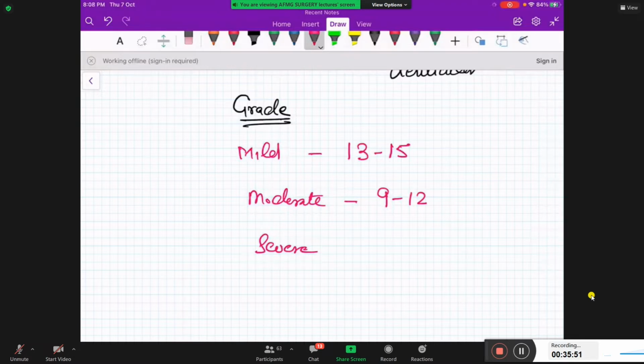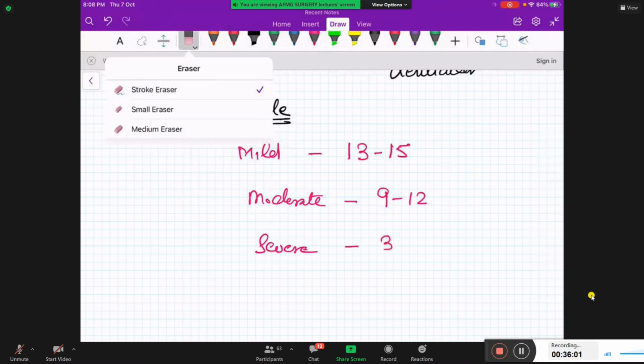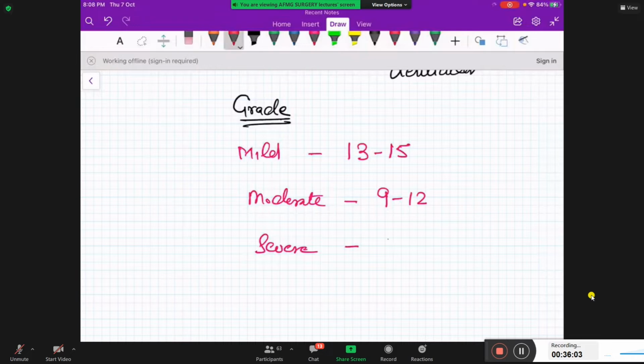If it is less than or equal to 8, it is severe. 8 or less than 8 GCS is called severe head injury, and you should also know 8 or less than 8 GCS is also a definition of coma.